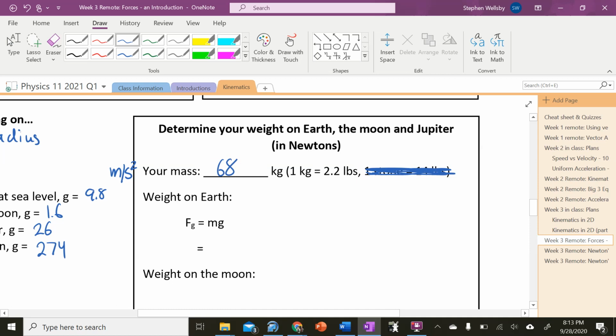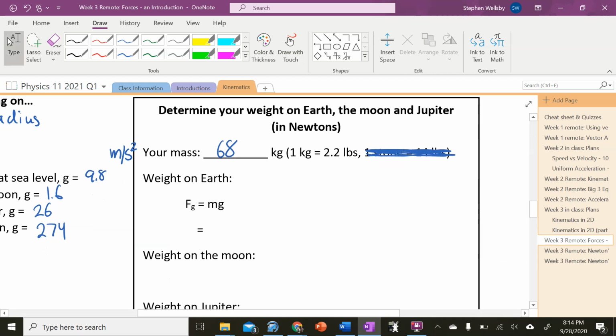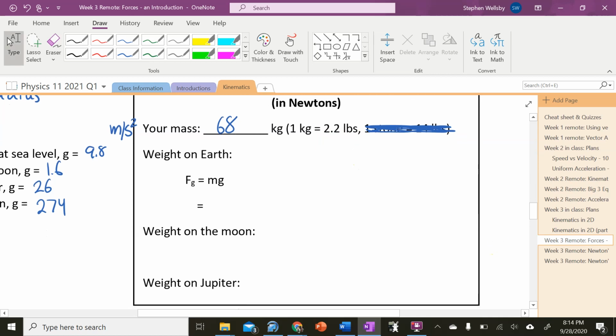So if my mass was 68 kilograms, see if you can figure out what my force of gravity or my weight would be on Earth, and also what my weight would be if I was on the Moon or on Jupiter. So pause the video here and see if you can calculate. If you only know your weight in pounds, you can do a conversion for yourself there as well. So pause the video and see if you can complete these calculations for your own mass or for my mass if you'd like.